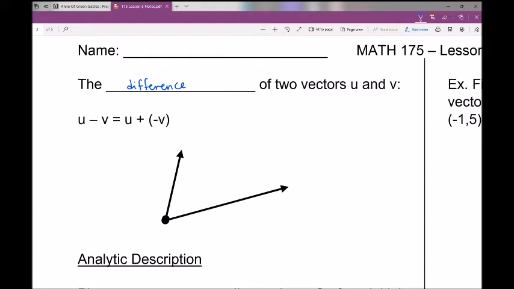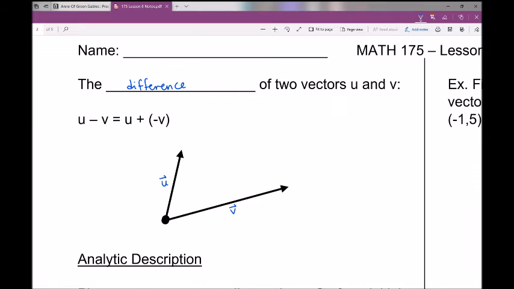Whenever you first learned about negative numbers, your teacher might have told you that there's really no such thing as subtraction because you're really just adding a negative number. And that's really how you want to think of subtracting vectors. So we could look at the same setup that we had before. So let's this time call this vector u and this vector v.